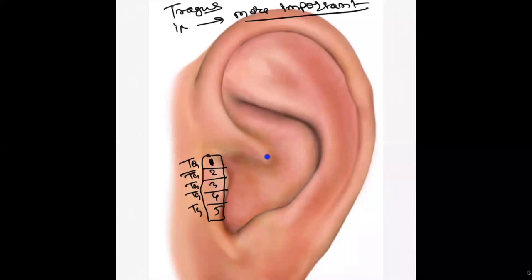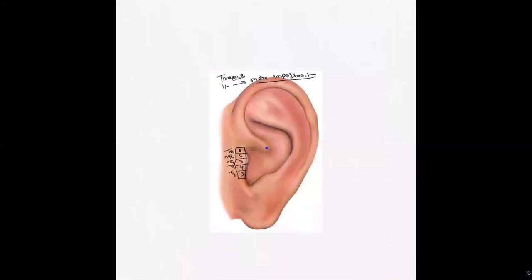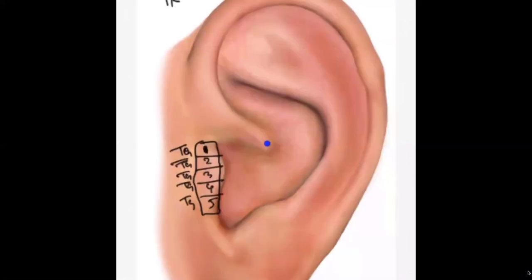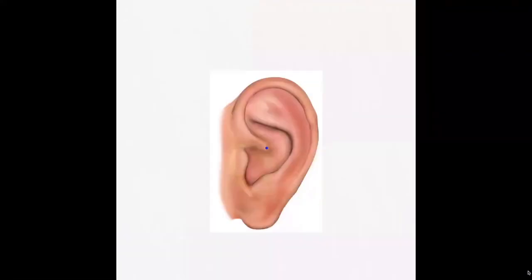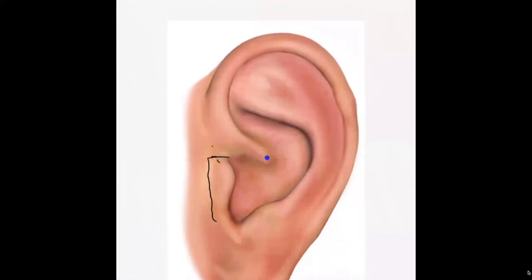So number one, this whole tragus is representing the complete spine, and the explanation of this spine comes in different phases, because as per the auricular concept we have discussed, in auricular we have many phases, phase 1, 2, 3, like that.